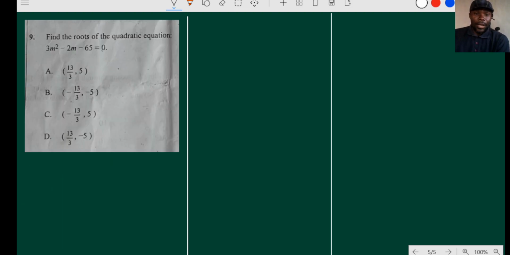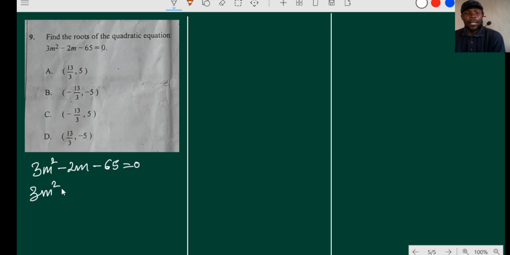In question 9, it said find the roots of the quadratic equation 3m squared minus 2m minus 65 is equal to 0. So the first thing you need to do is take 3m squared times minus 65.